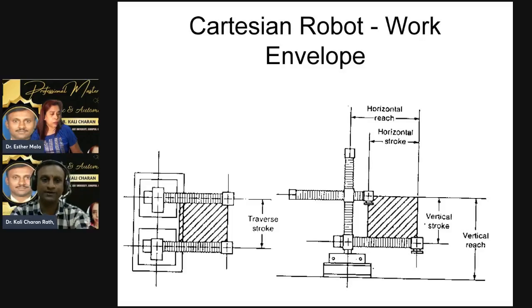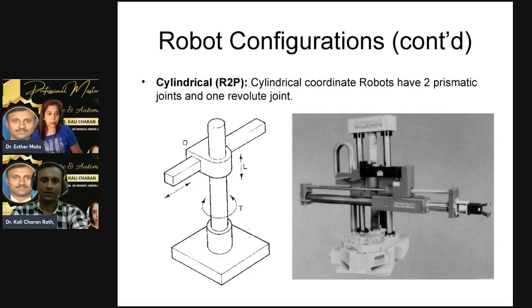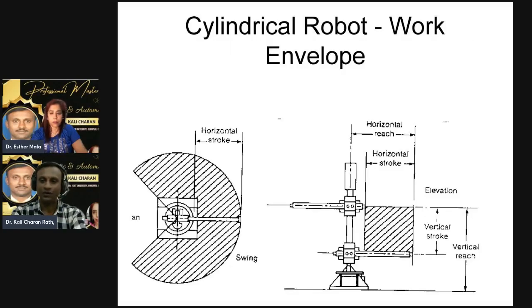Now, slide number 10. Robot configuration. Here you see what is known as a cylindrical robot, because the robot operates in a cylindrical manner. This robot is known as R2P, meaning revolution and prismatic: two revolution joints and one prismatic link.